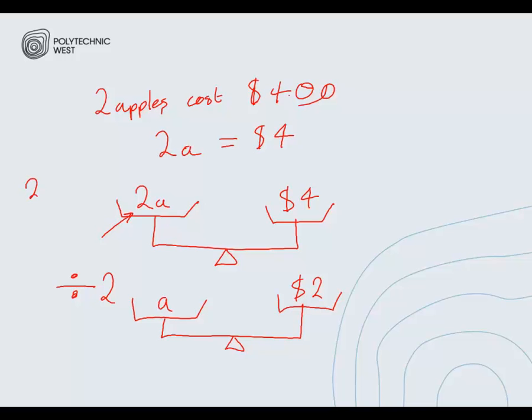It's saying 2 times apple. The easiest way of getting rid of that is to divide by 2. 2 divided by 2 just gives me 1 times apple, and 1 times apple equals $2. Writing this as an equation is just A equals $2. 1 apple equals $2.